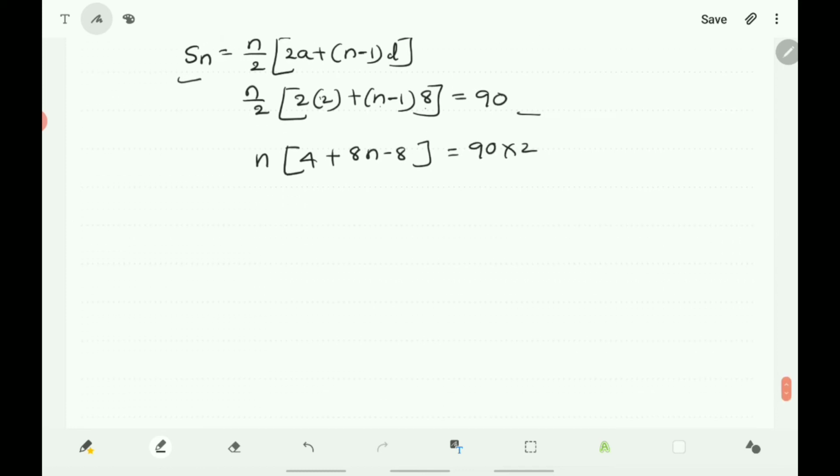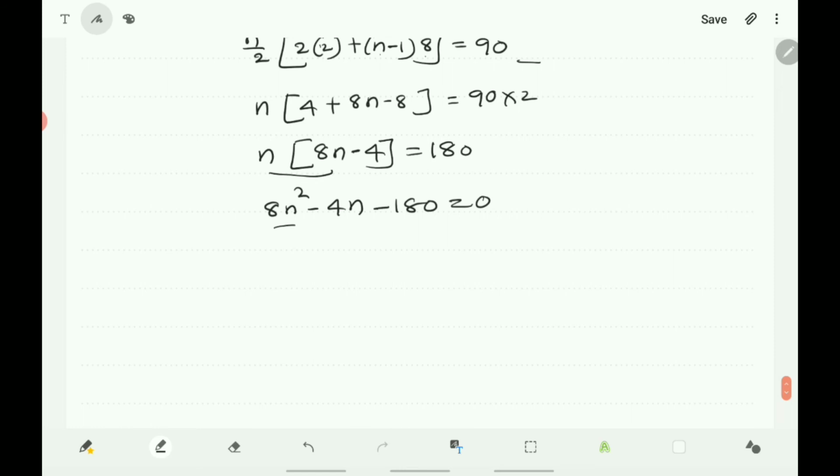Then n into 4 plus 8n minus 8 is 8n minus 4, is equal to 180. n into 8n is 8n square, n into 4 is 4n, that is minus 4n, and you transfer 180 to the LHS, it becomes 8n square minus 4n minus 180 is equal to 0.